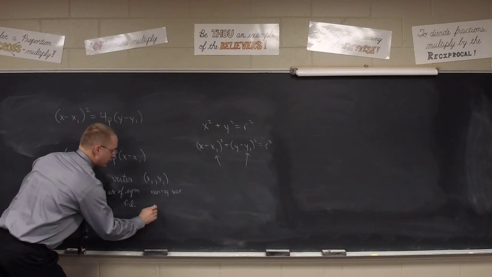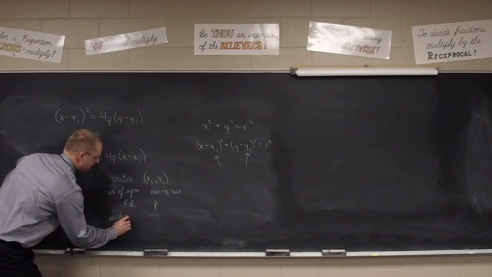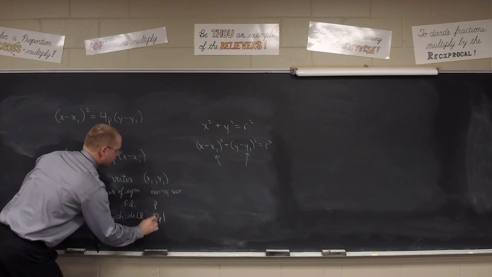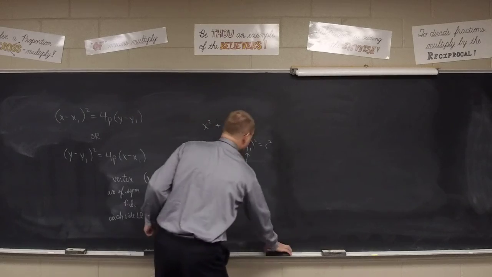The focal length is still going to be p, and each side of the latus rectum is going to be the absolute value of 2p. So the only thing really that's changing here is our vertex is moving. Everything else is going to stay exactly the same.